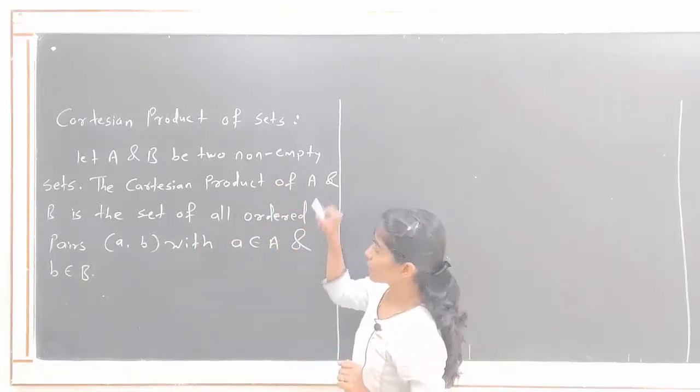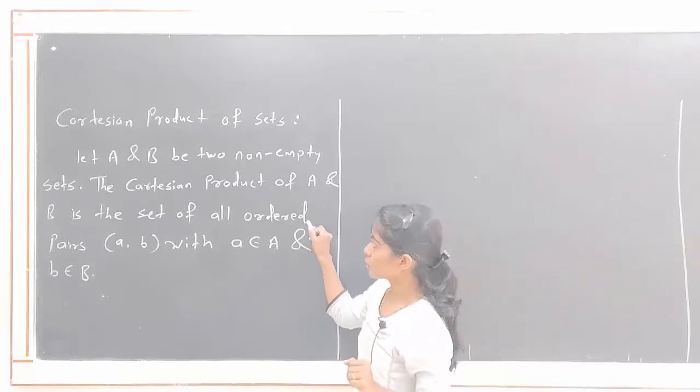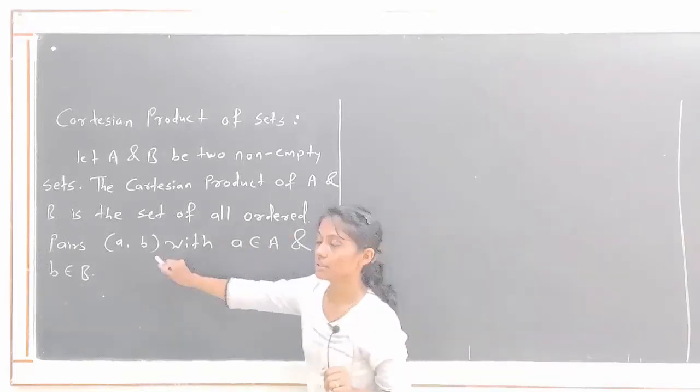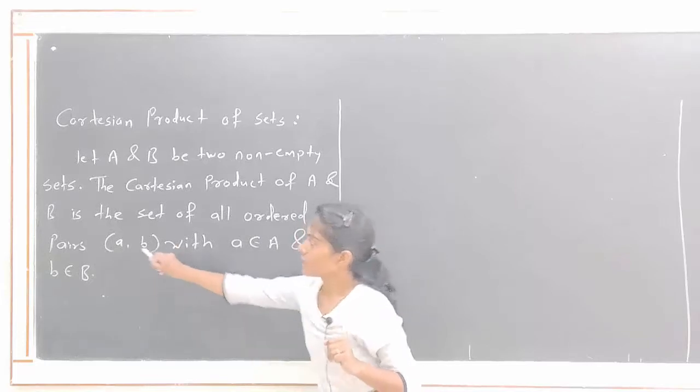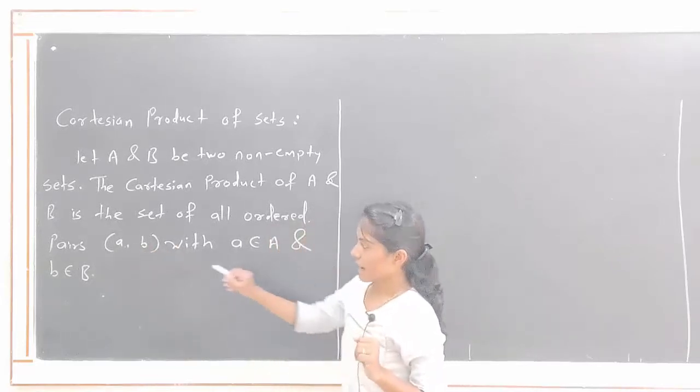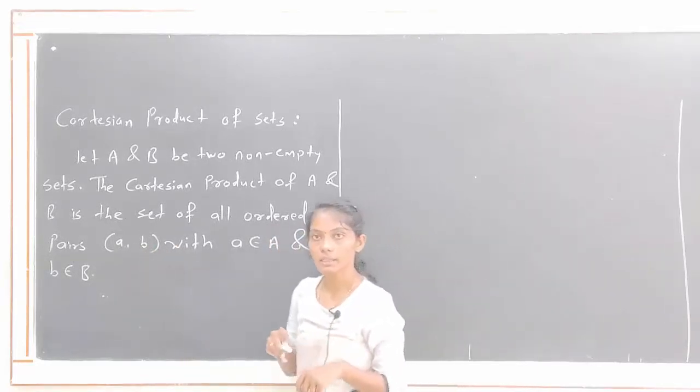So the Cartesian product of A and B is the set of all ordered pairs (a, b) with a belongs to set A and b belongs to set B.